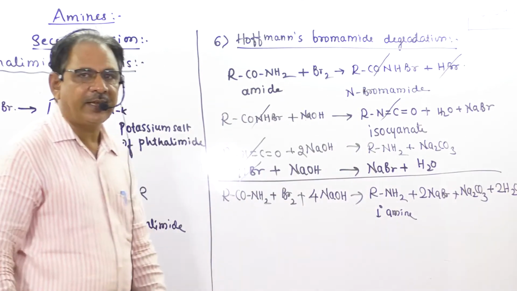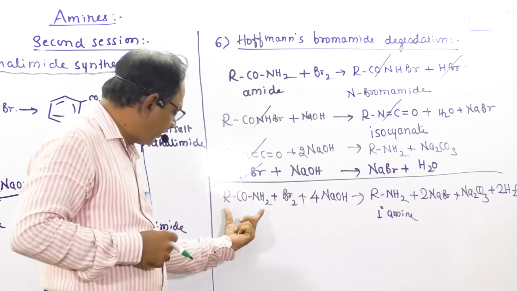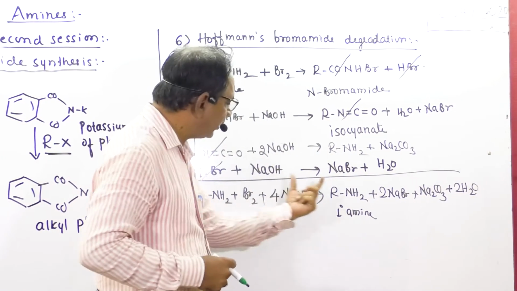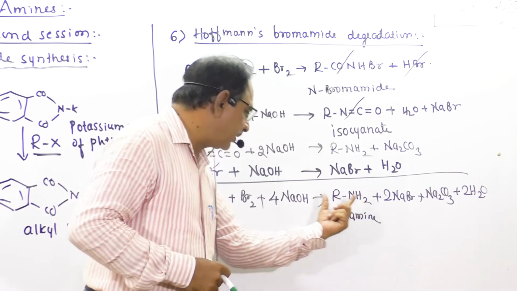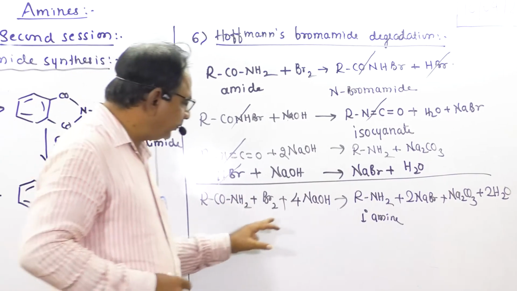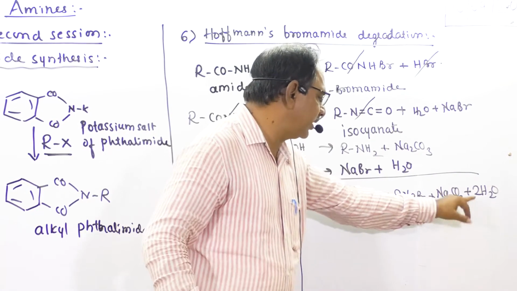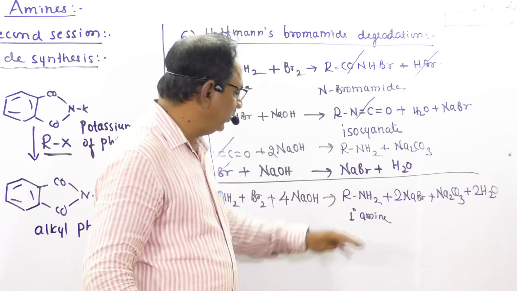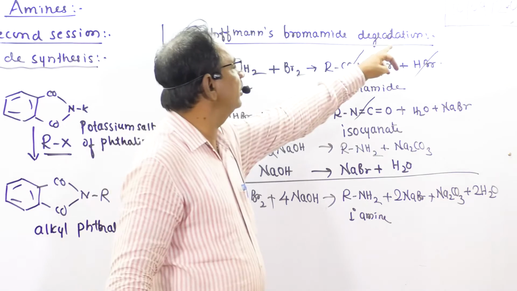Because the number of carbon atoms in the reactant is more than the number of carbon atoms in the product. One carbon atom is eliminated in the form of sodium carbonate. Hence the number of carbons in the amide decreases during the formation of the primary amine, and so it is called a degradation reaction.